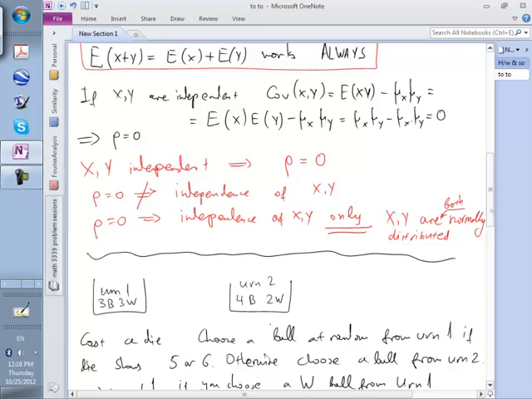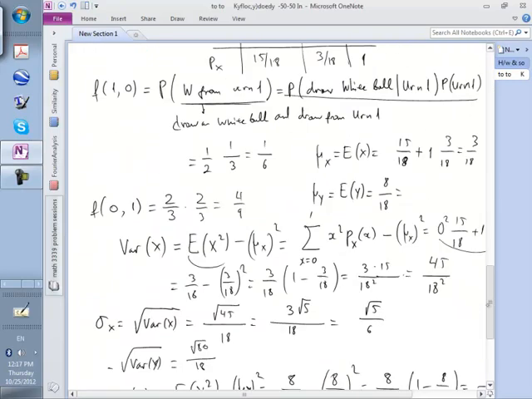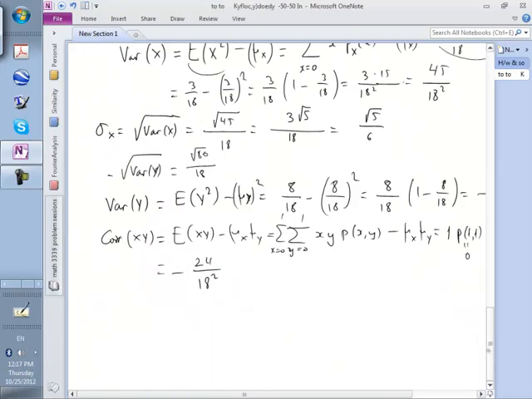If they're independent, the correlation coefficient should be equal to 0, which means also the covariance is going to be 0. Why? Because the covariance is defined from this equation here. All right? Therefore, for rho to be 0, the covariance has to be 0. Now we found that the covariance is not equal to 0. Therefore, X and Y are not independent.